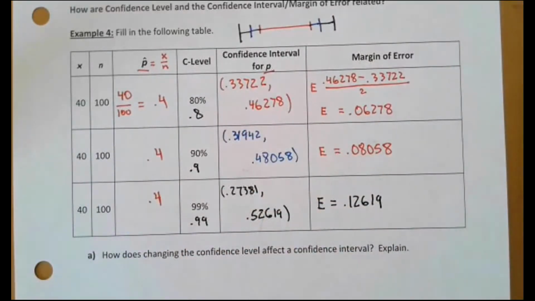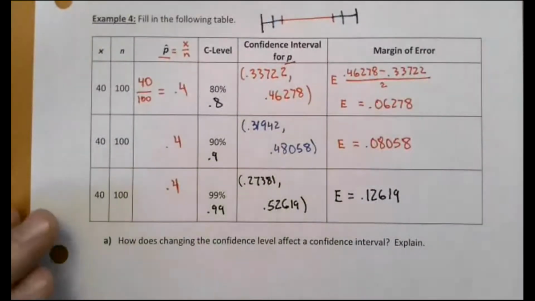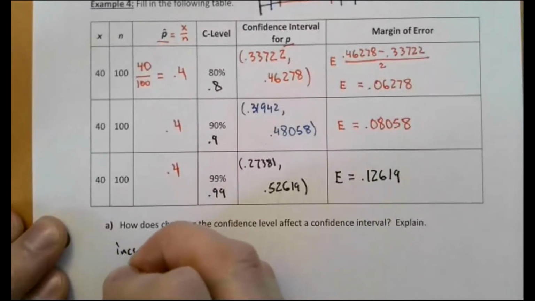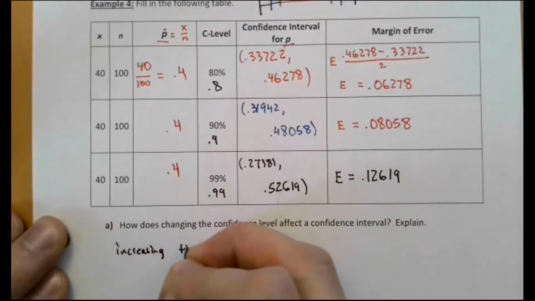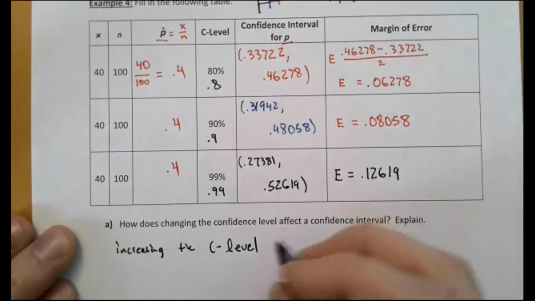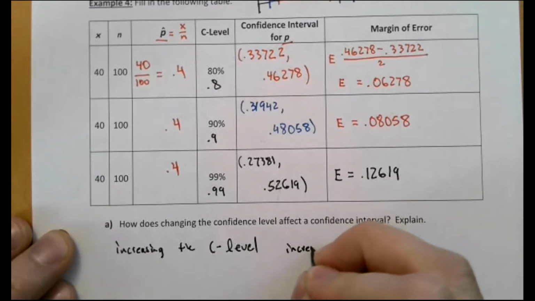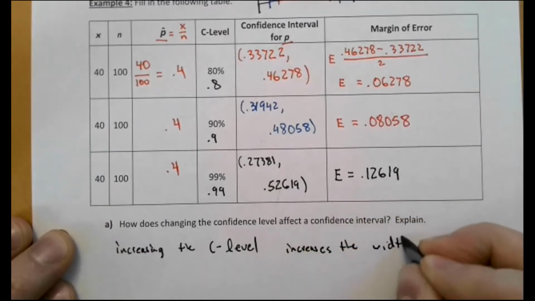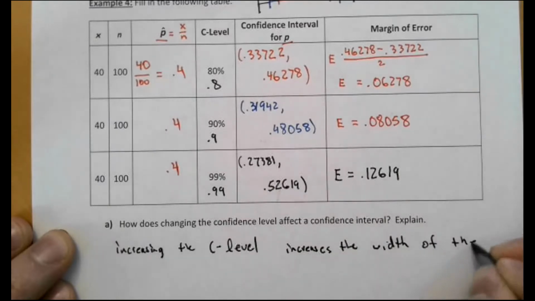Good. Okay, so in general, what does changing the confidence level do? Increasing the C level increases the width of the CI, the confidence interval.